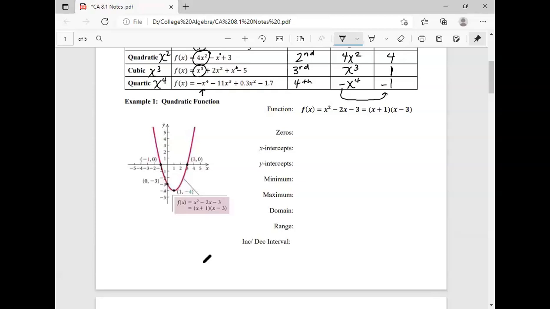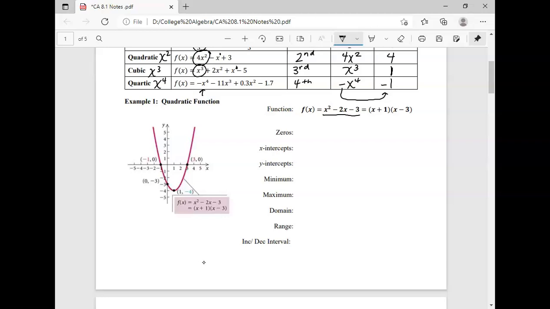I do think that most of this stuff is going to be a review of what we just got through doing on test 2. But they're wanting us to look at this function, x squared minus 2x minus 3. If we go over here and look at this, we know that this is a parabola. We know it's quadratic.